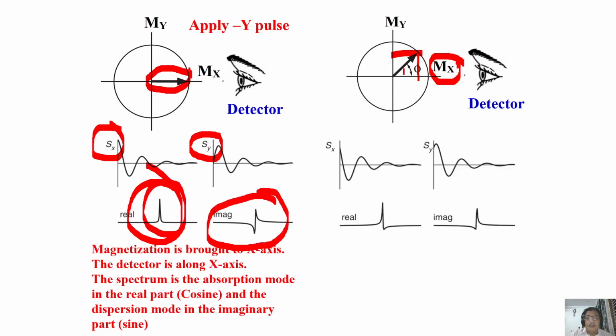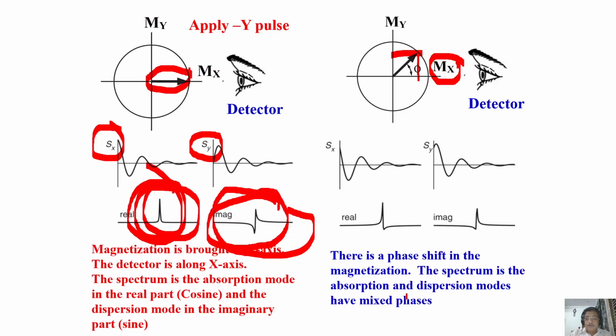Now it is not a pure phase. Unlike the earlier case, where you get a real absorptive signal and a dispersive signal in the imaginary part, now there is a mixed phase here. Because of this mixture, the phase is not exactly like along the x-axis. All these spins are not along the x-axis. Now there is a mixture of absorption and dispersion modes. We get mixed phases. Look at it.